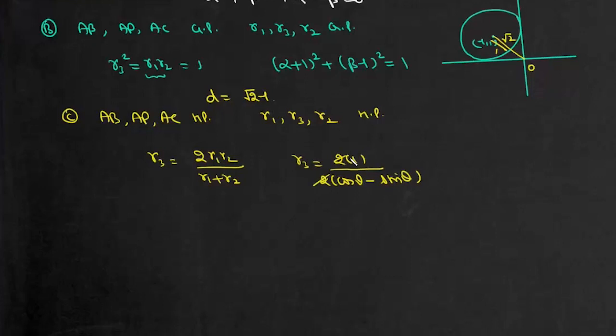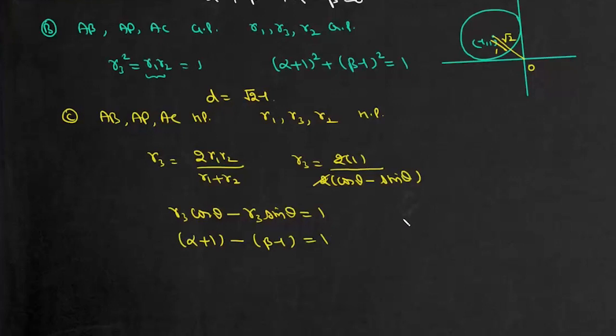Now here 2 and 2 will cancel, so we'll get R3 cos theta minus R3 sin theta, and it is equal to 1. Now R3 cos theta is alpha plus 1 and R3 sin theta is beta minus 1, and it is equal to 1.